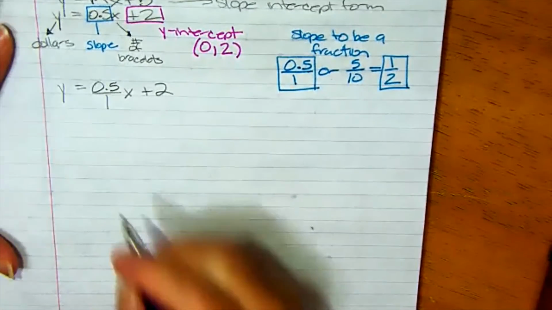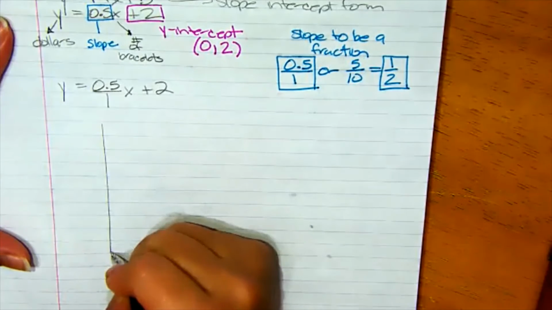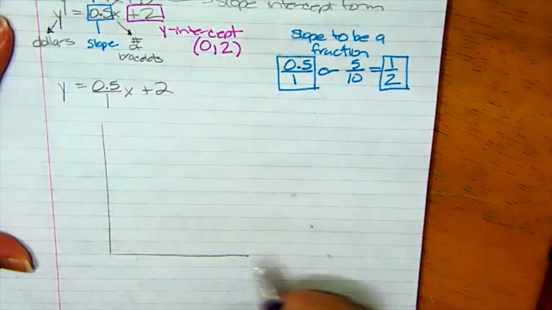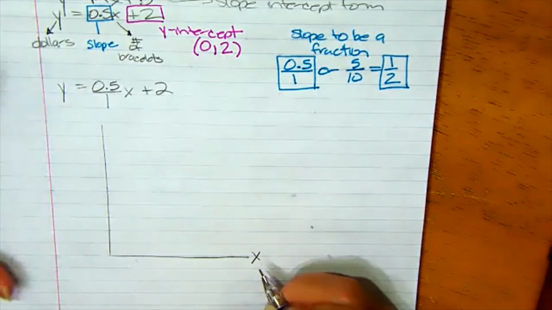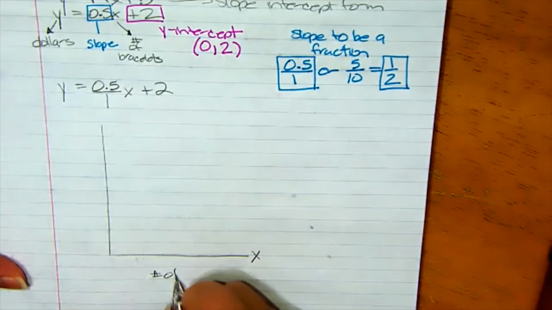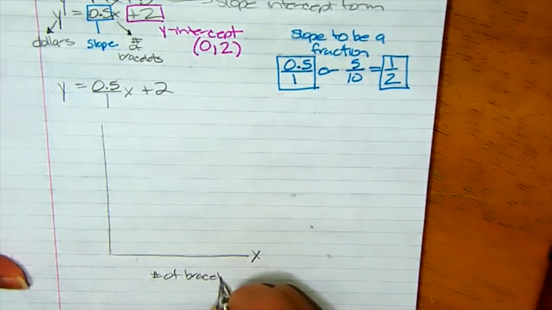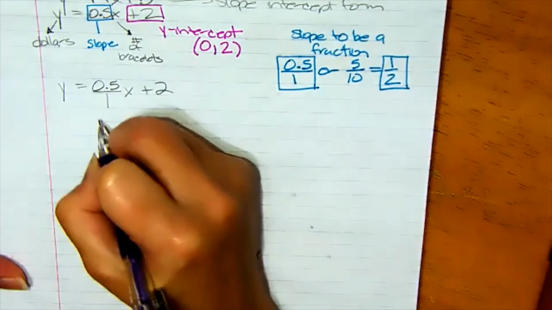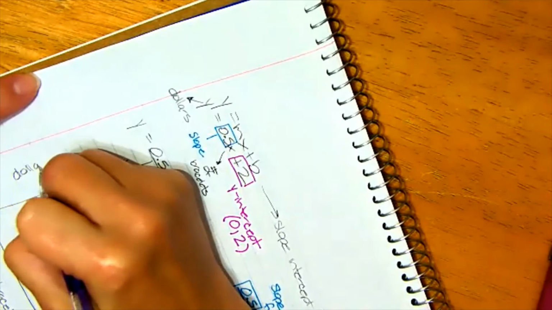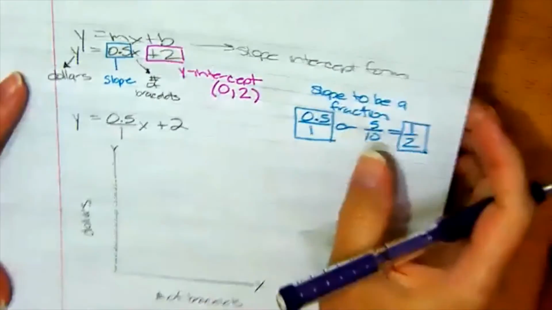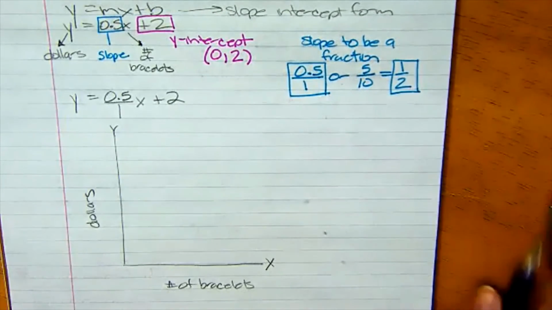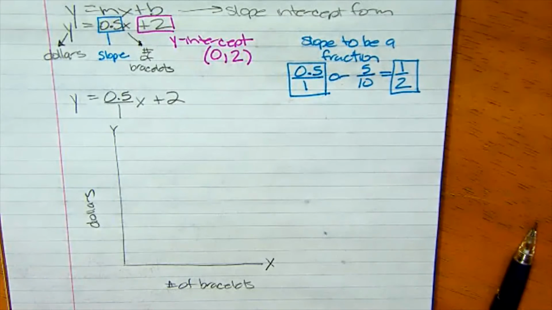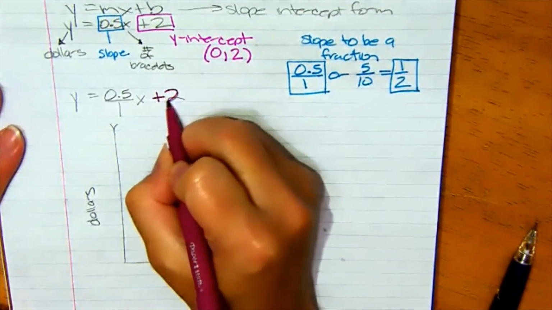Now we need to graph this. Okay, we can do that. They told me X is number of bracelets. Y is dollars. So I'm going to start with my y-intercept.